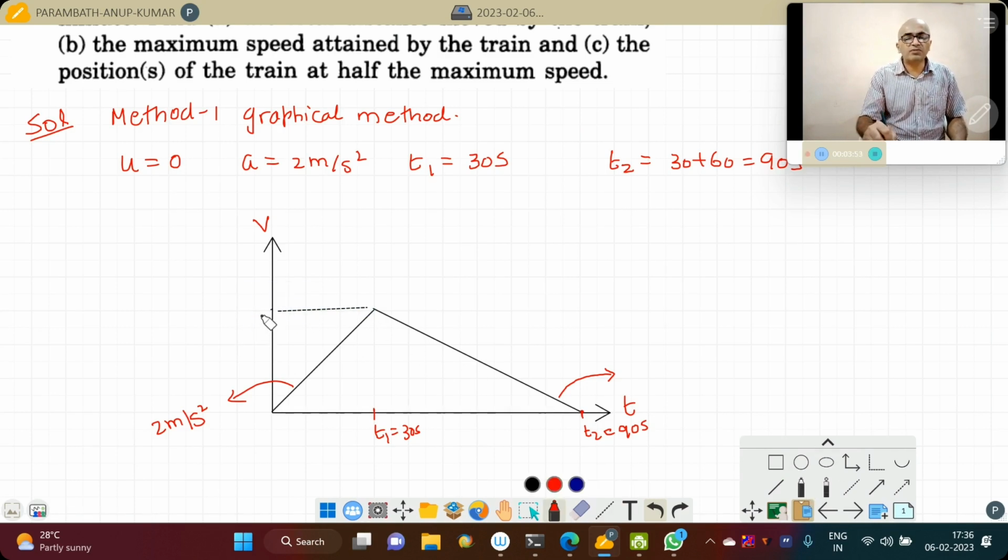We can find that maximum velocity point by applying the equation of motion v is equal to u plus at. Or even from this graph itself we can identify it: if the slope is 2 and the base is 30, what will be the height?